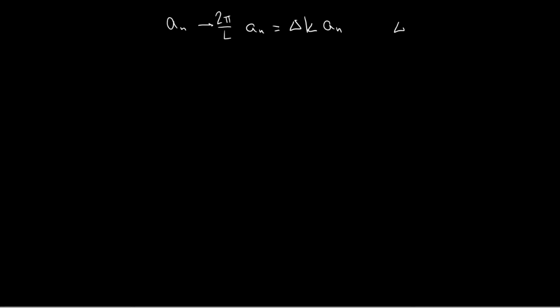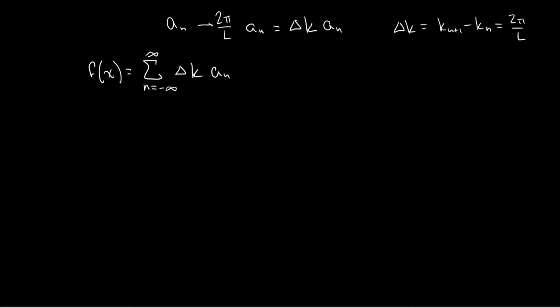Where delta k is equal to k sub n plus 1 minus k sub n, which of course is 2 pi over L. Now there's a very important reason why I'm doing this, and that's so I can write out this function as the sum from minus infinity to infinity of delta k a sub n e to the i k sub n x.